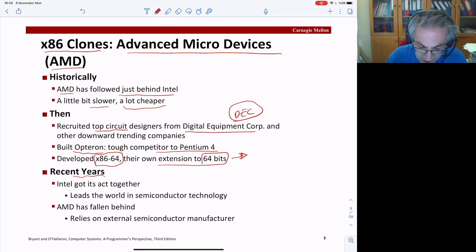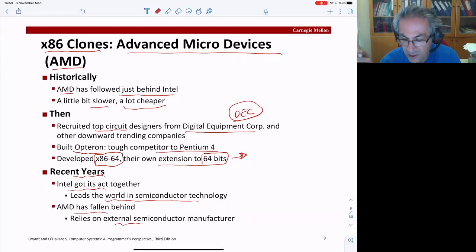In recent years, Intel got its act together, and it's now leading in semiconductors. AMD has fallen behind. For example, it doesn't produce its own processors, rather it uses silicon foundries located outside.